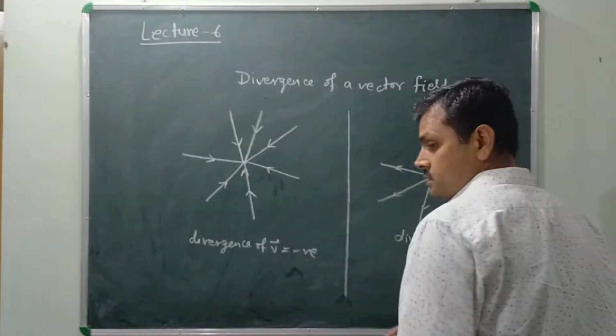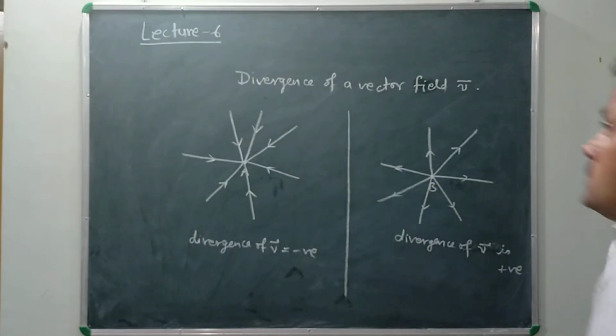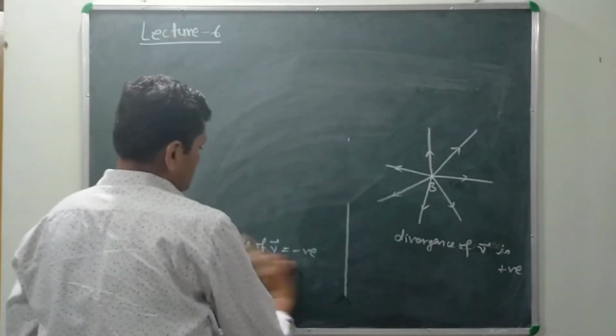Now, how would you define divergence of a vector field V in physics?